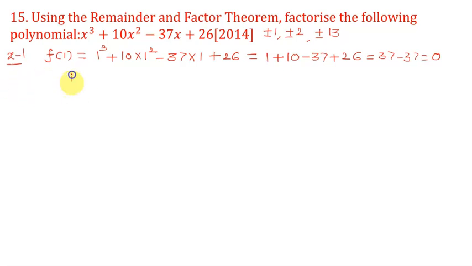Again here, a vertical and horizontal line. Write the given polynomial in decreasing order of the powers of x: 3, 2, 1 and constant.